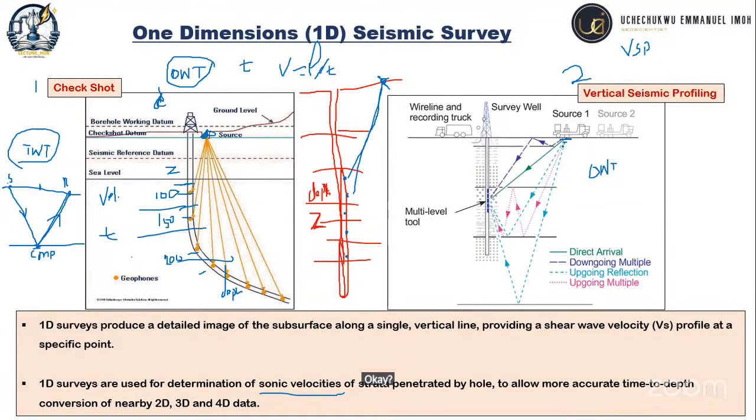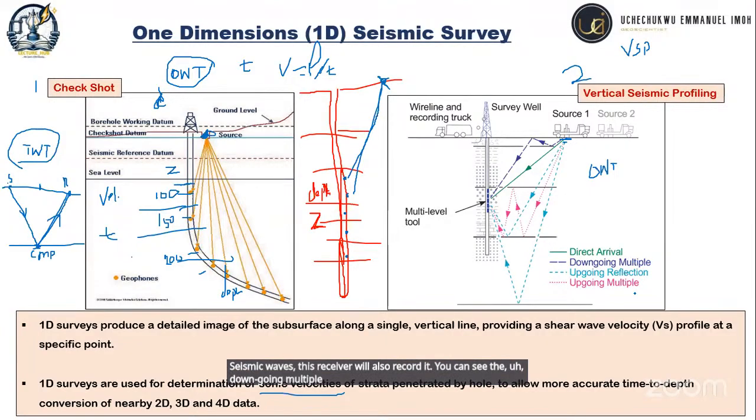And it also measures your direct arrival, which is your one-way time. It also measures multiples. So any multiple events in terms of seismic waves, the receiver will also record it. You can see the downgoing multiple and upgoing multiples shown.